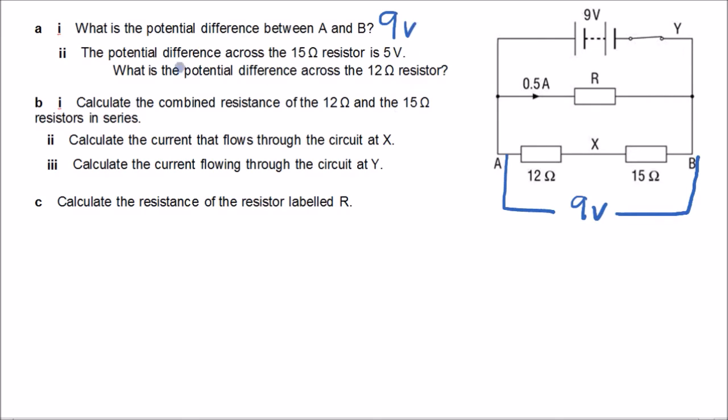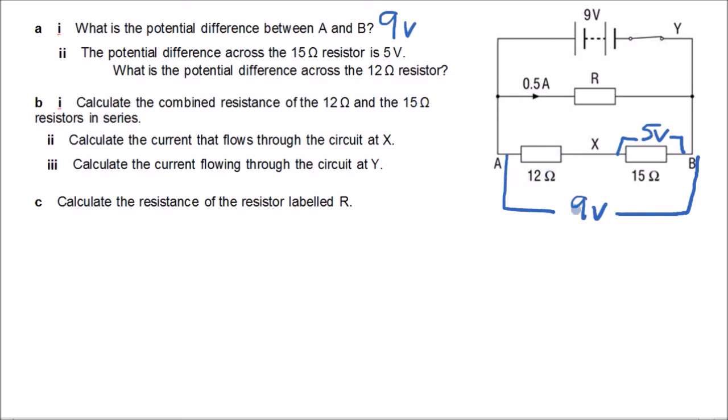Okay, the potential difference across the 15 ohm resistor is 5 volts. So for this one, 5 volts across that one, between here and here. What is the potential difference across the 12 ohm resistor?